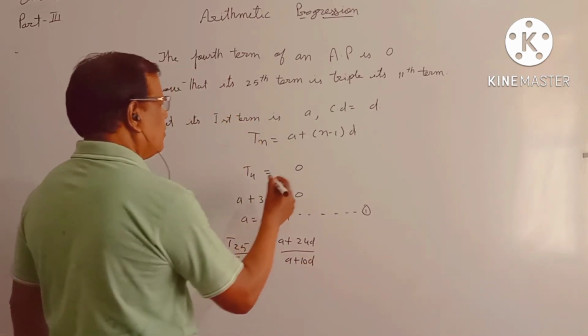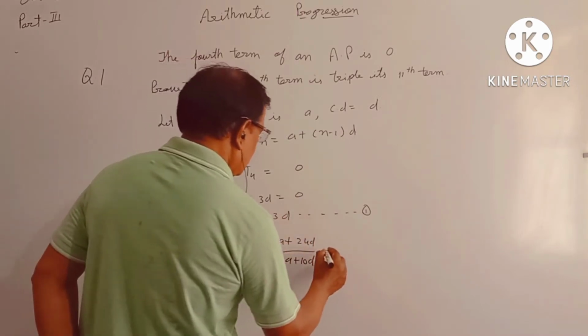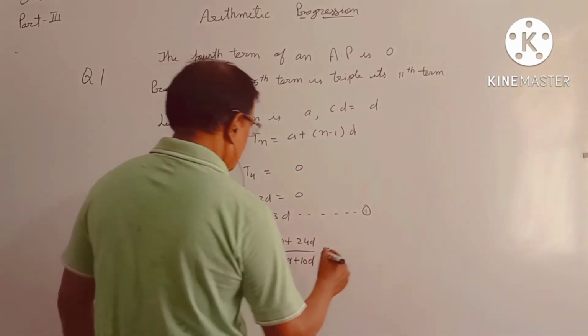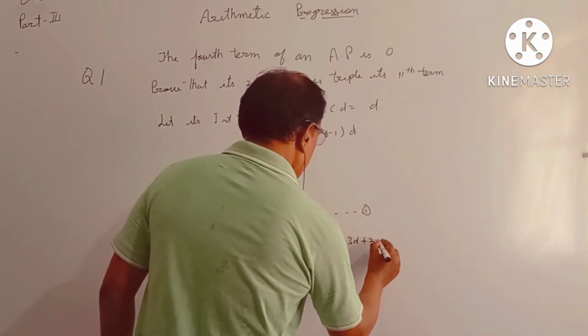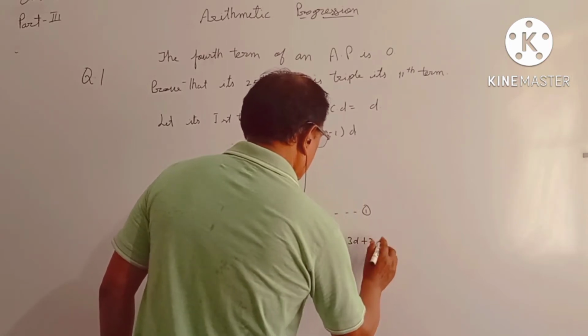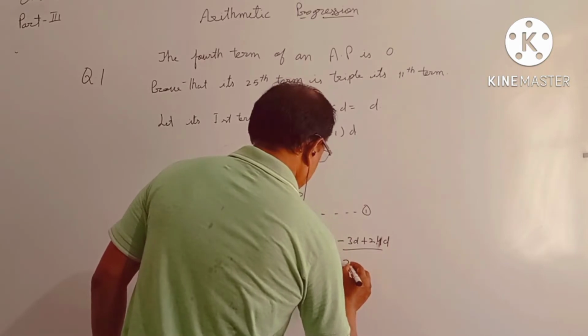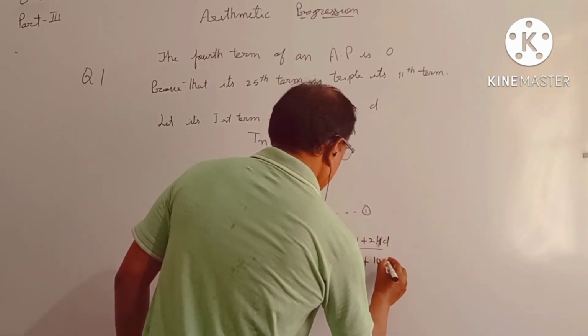As we know, the value of A is minus 3D, so we put the value of A here: minus 3D plus 24D by minus 3D plus 10D.